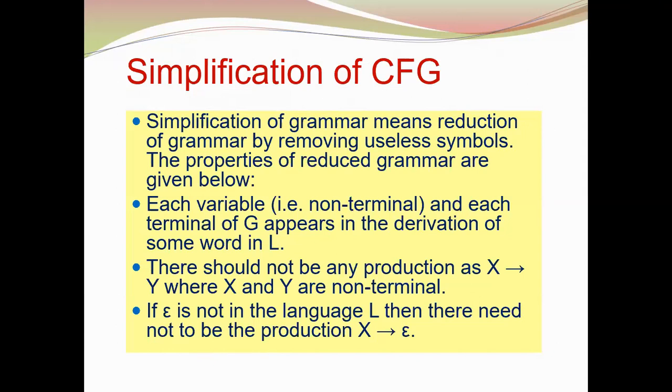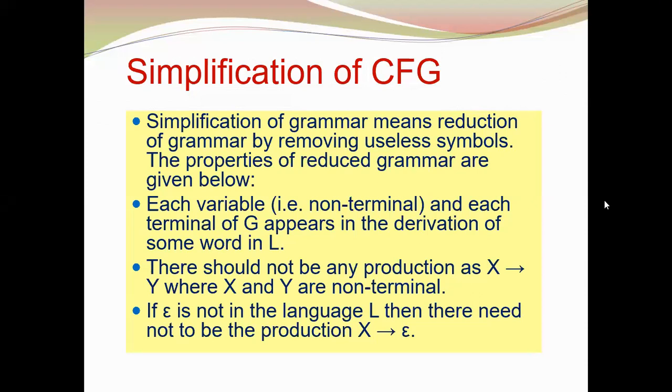In terms of elimination of unit production, elimination of epsilon production, we can go with three ways. Thank you, Satvika. Elimination of epsilon production, elimination of unit production, and elimination of useless symbols. With the help of these three forms, we can simplify the CFG. We will see how we can eliminate.